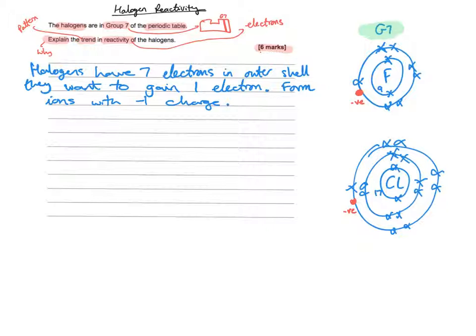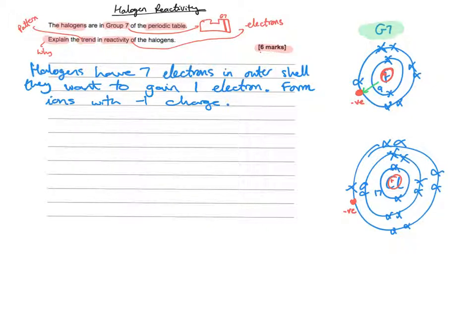Now, we're trying to get the pattern of which one is the most reactive. So this electron's negative, and the nucleus contains protons and neutrons. Protons are positive, neutrons are neutral. So overall, the nucleus is positive and the electron's negative.